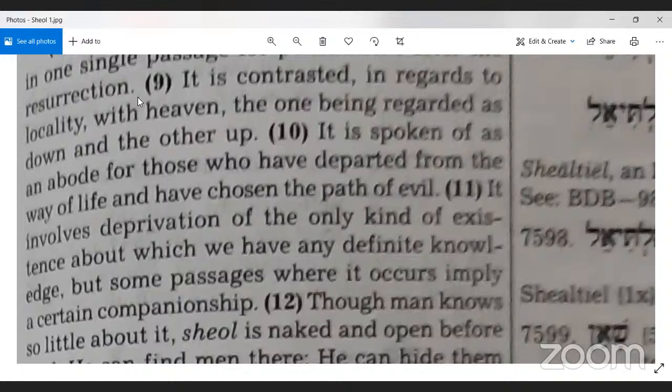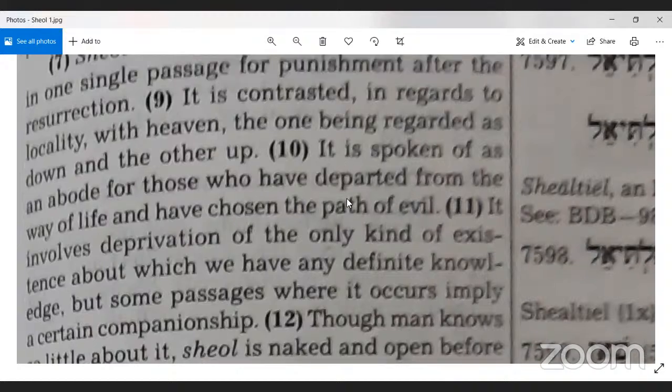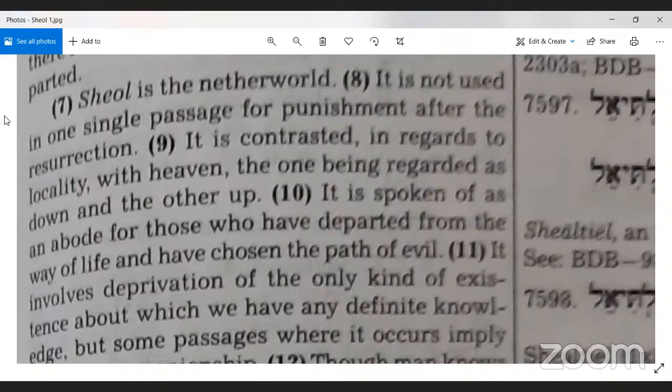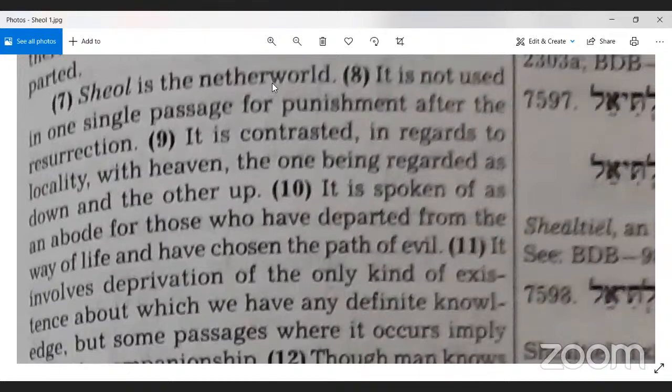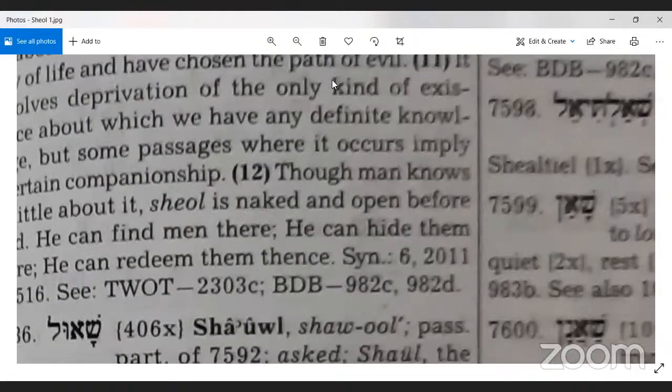It is spoken of as an abode for those who have departed from the way of life and have chosen the path of evil. Y'all see that? So evil people are supposed to go to hell and burn, right? Like Judaiah said, what about the good? Here we can see this is very subtly preparing the mind for hellfire doctrine. Do y'all see it?